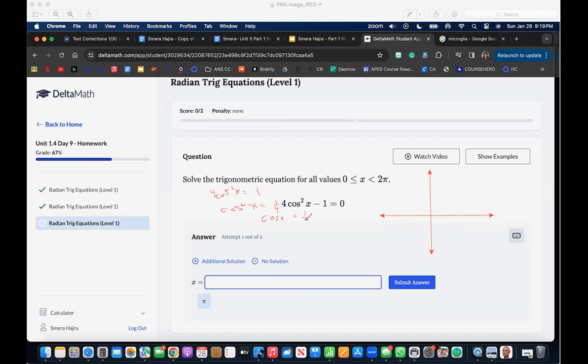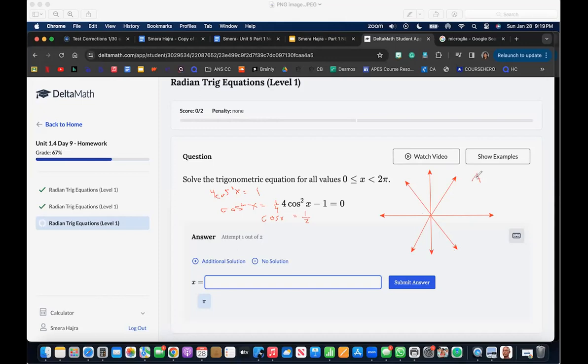Now, if cosine is 1/2, that means 60 degrees in the first quadrant. And that could mean other things in other quadrants. So I'm going to draw 60 degrees here, but I'm also going to draw other 60 degrees elsewhere and see which ones make sense. Some of these are positive and some of them are negative.